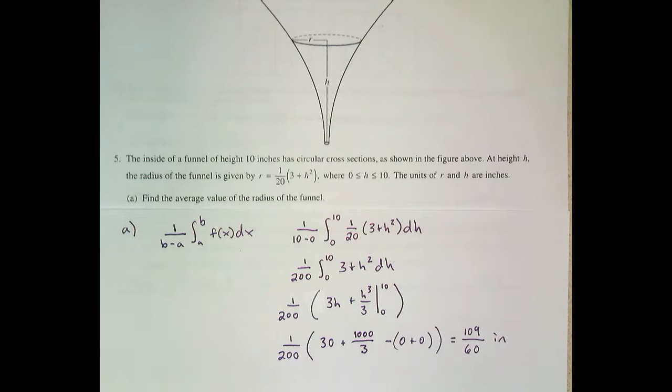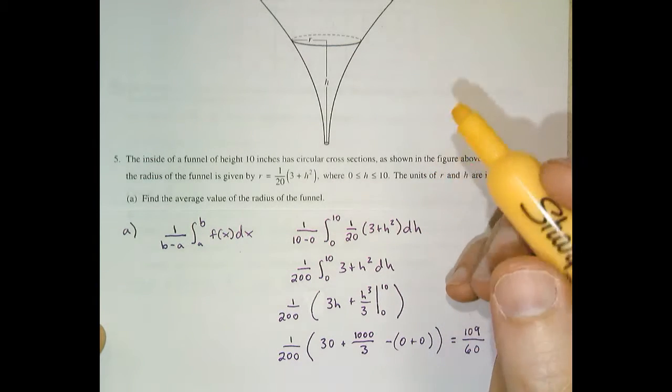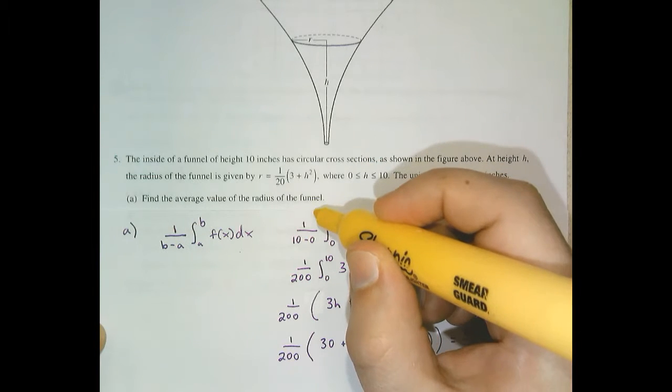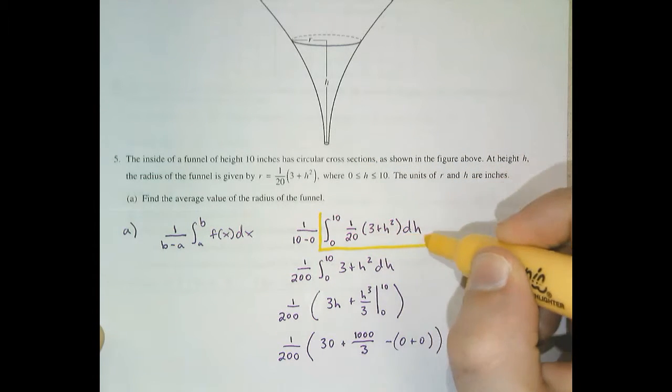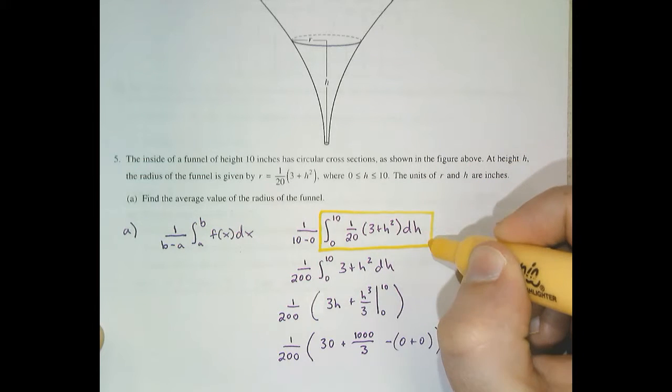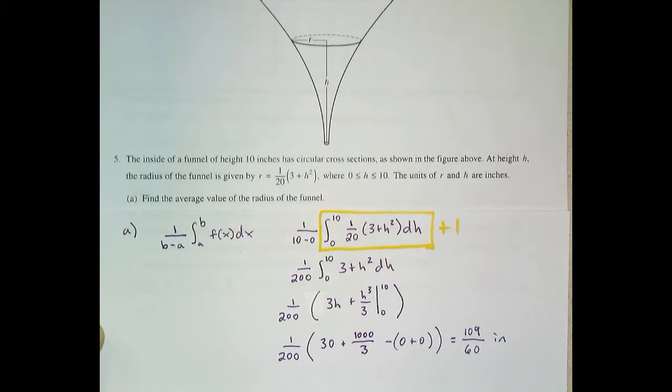All right, this is worth 3 points. You have 1 point for the integral, which I'm going to assume is without that 1/10 on the outside. So if you knew you're supposed to integrate that.